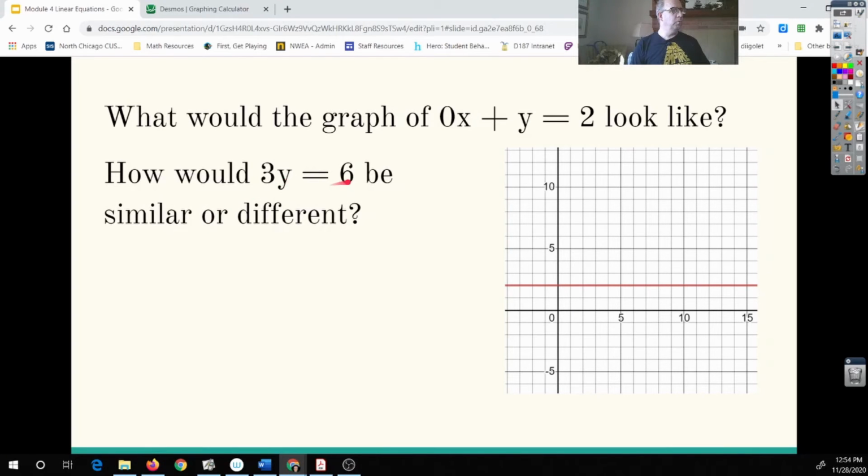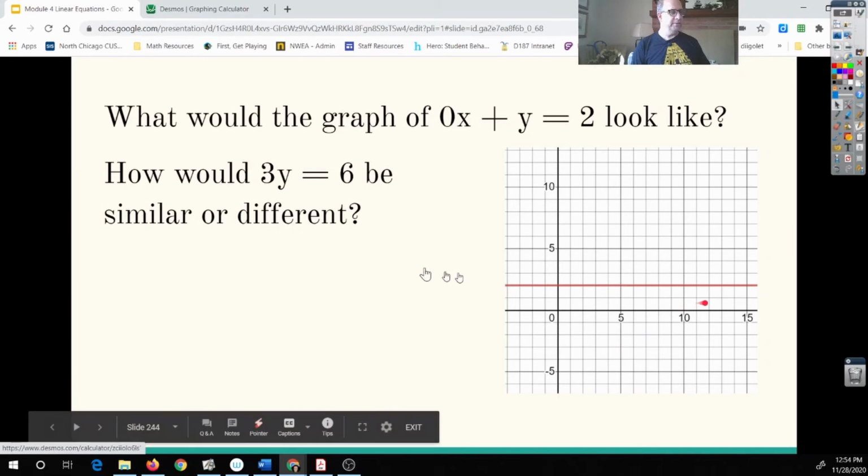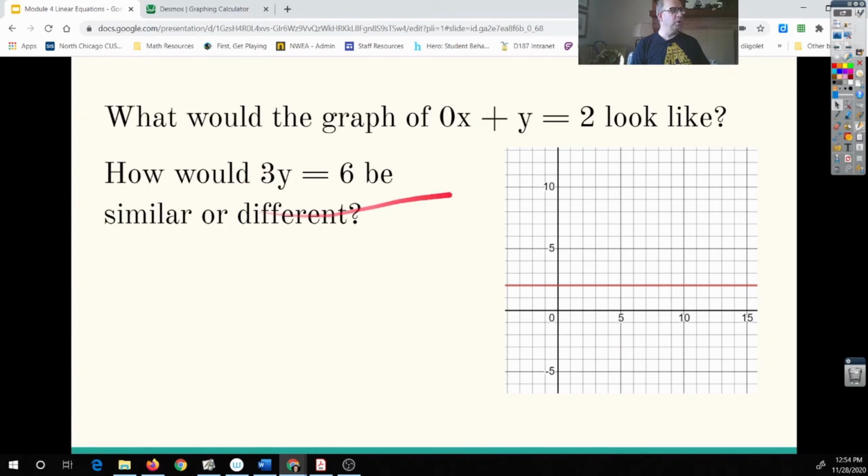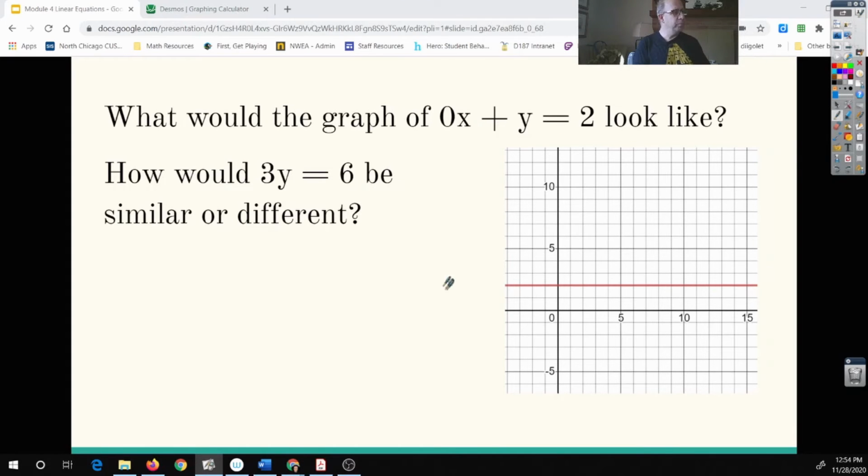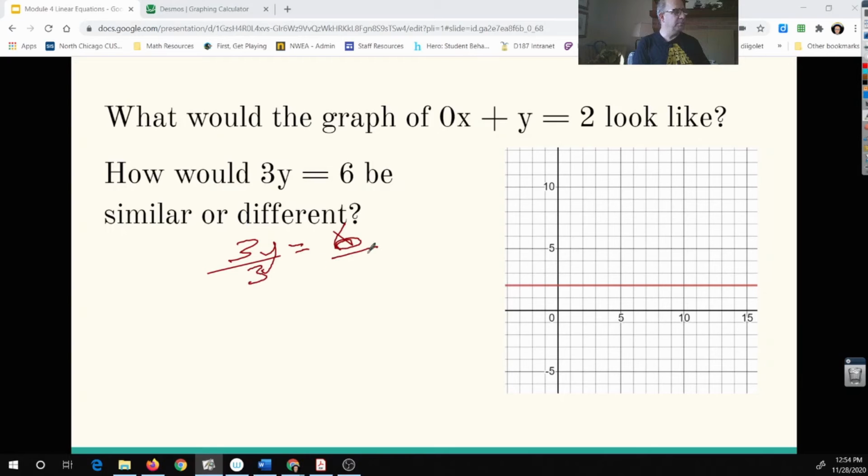Would 3y equals 6 be similar or different? 3y equals 6, what do we do to solve for y? We divide by 3 on both sides, right? So divide by 3 on both sides, y equals 2.